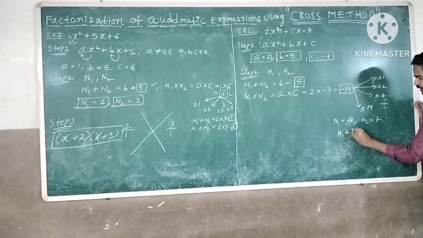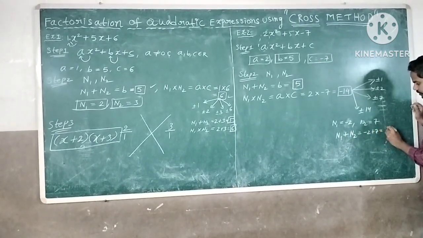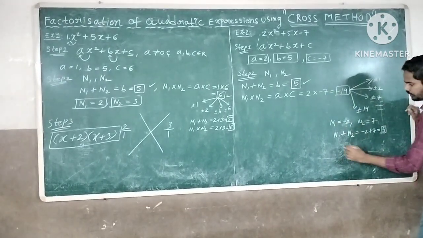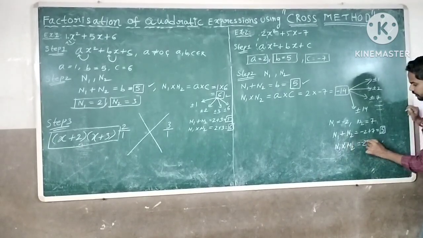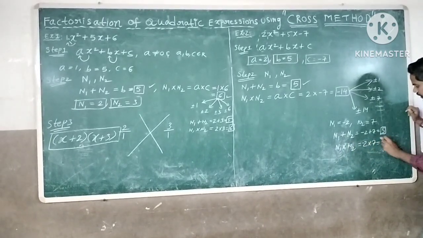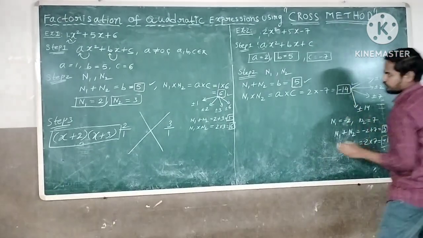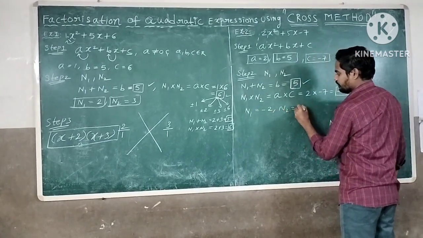Let us check the sum. n1 plus n2 is equal to minus 2 plus 7. How much? 5. So condition 1 is satisfied. What about the product? Obviously n1 into n2 is equal to minus 2 into 7. How much? Minus 14. Both the conditions are satisfied. So such numbers are n1 is equal to minus 2, n2 is equal to 7.